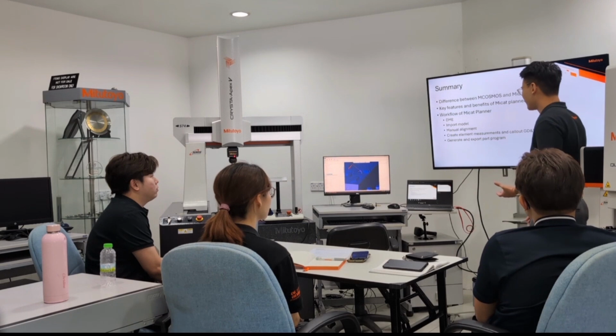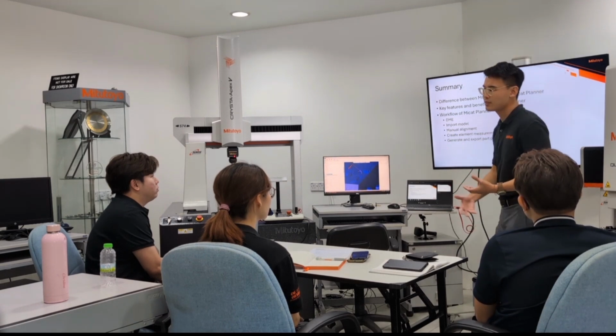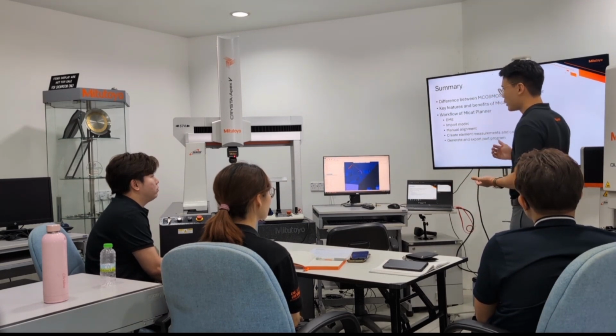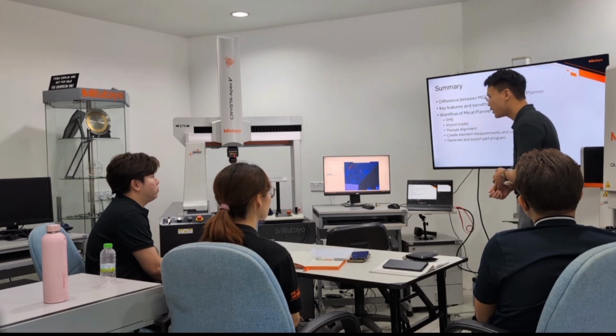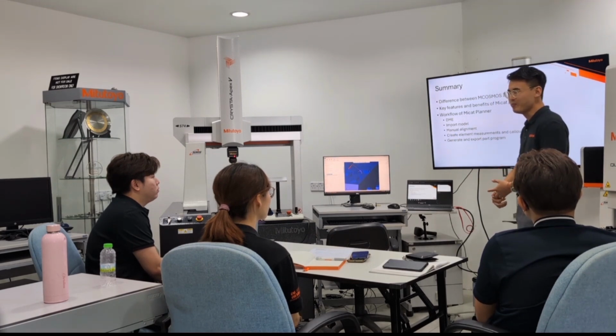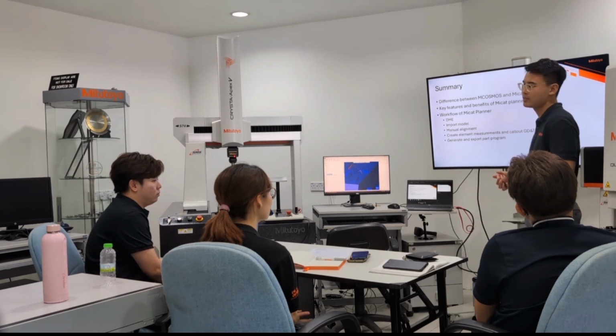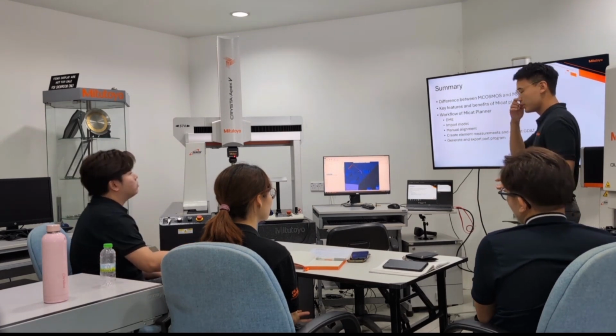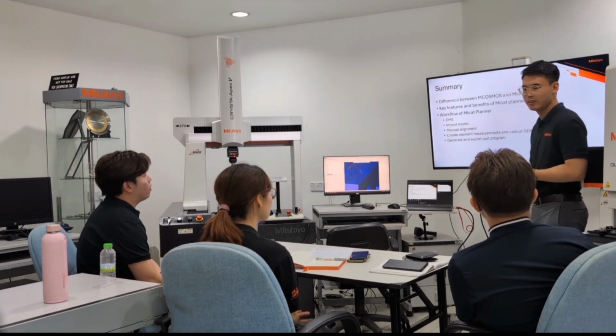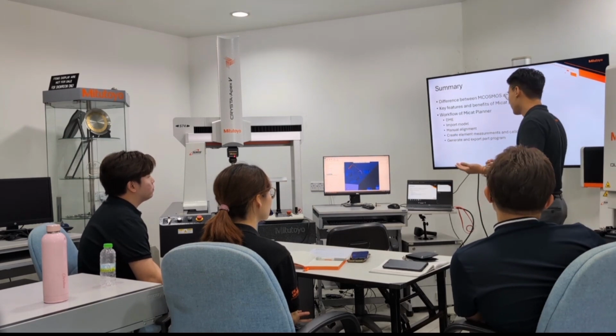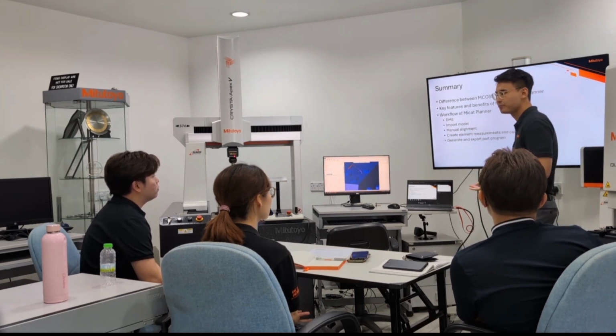After that, we can create the elements, like calling out the circles, the lines, the planes, and so on. Then after that, we can call out the tolerances, for example the angularity, the flatness, coaxiality, and so on.